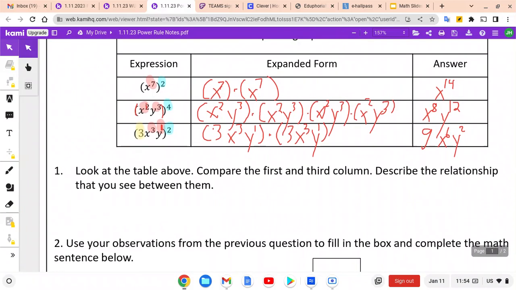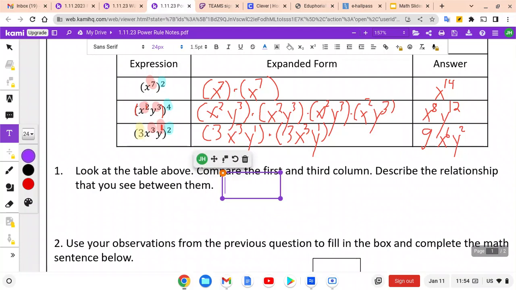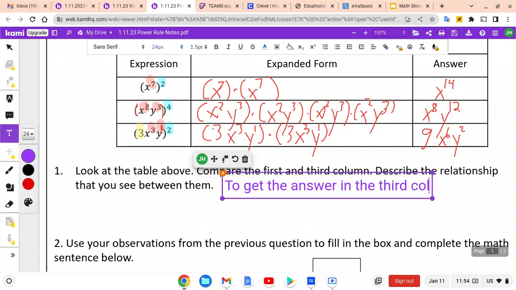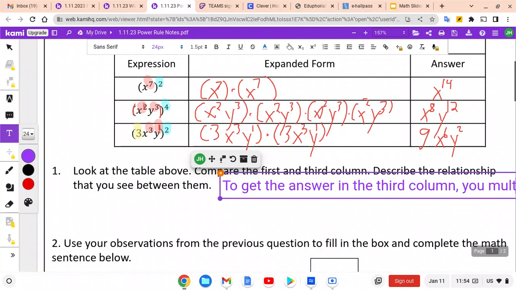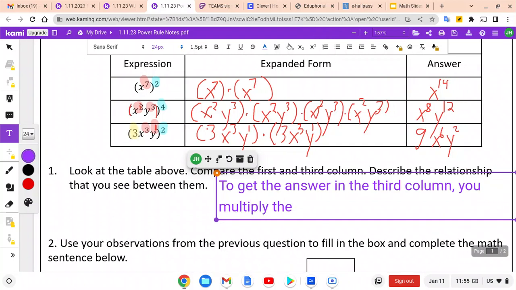All right, so what's the pattern? Well, to get the answer in the third column, and when writing this rule, I'm just going to focus on the exponents, not the coefficients, what's the pattern? Well, you multiply the inside exponent by the outside exponent.